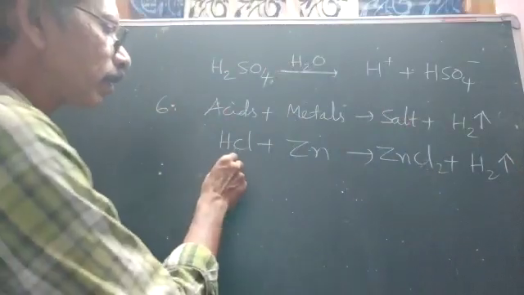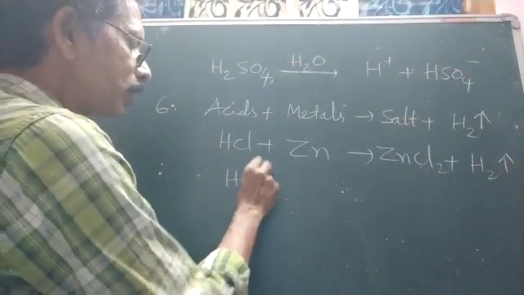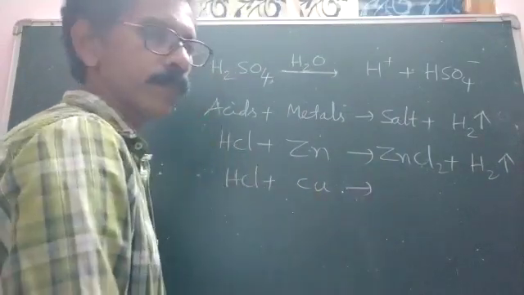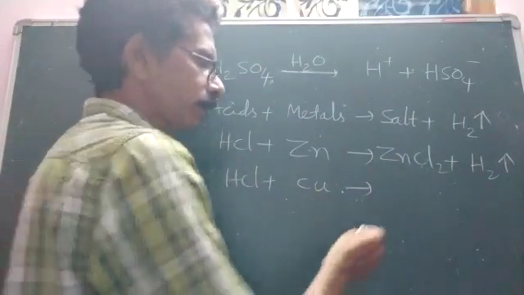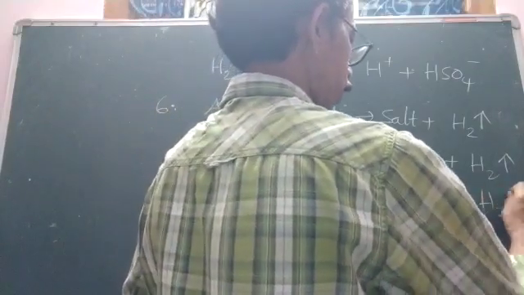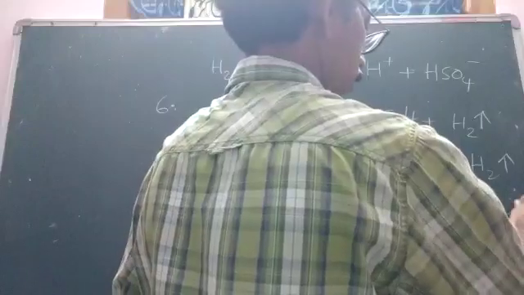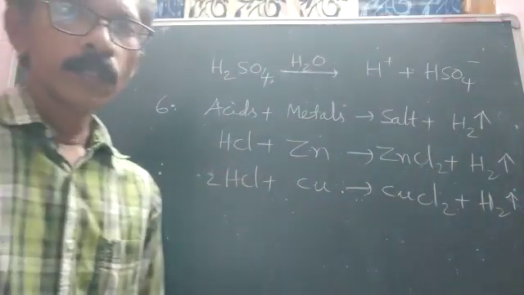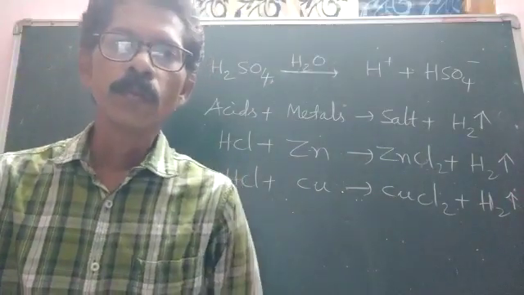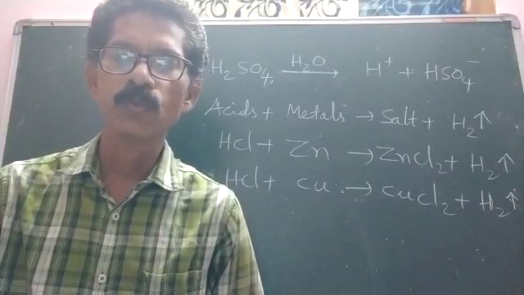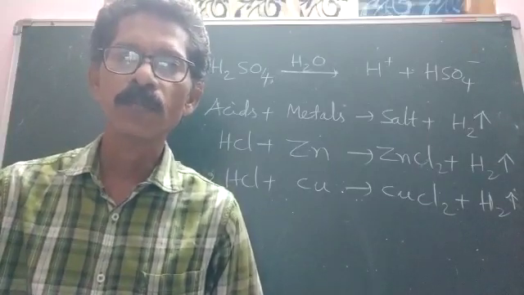And another example, HCl plus copper metal, so copper chloride plus H2 gas. So by that we can say acids react with metals to liberate hydrogen gas and to form salt.